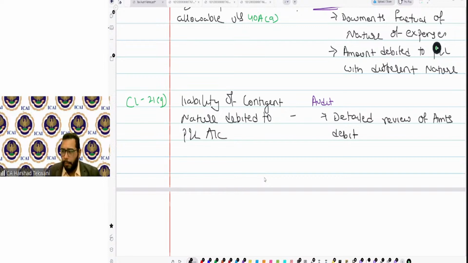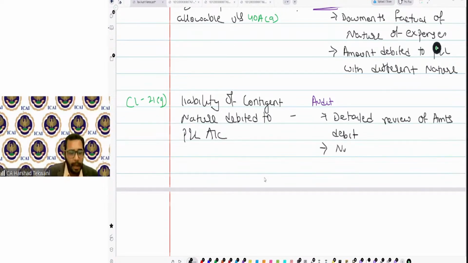But it may happen that because of the number of transactions, it may not be possible for the auditor to verify all the debits to the P&L.